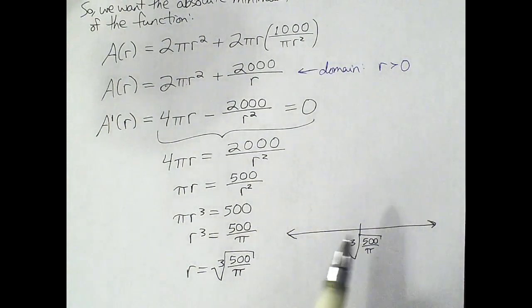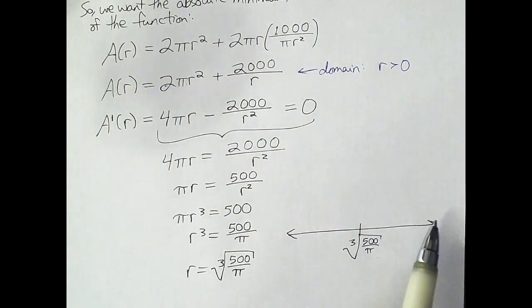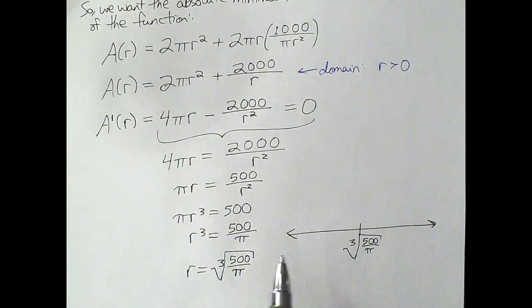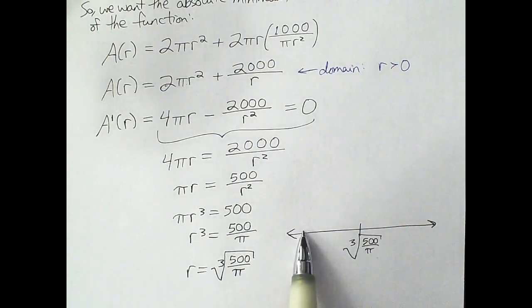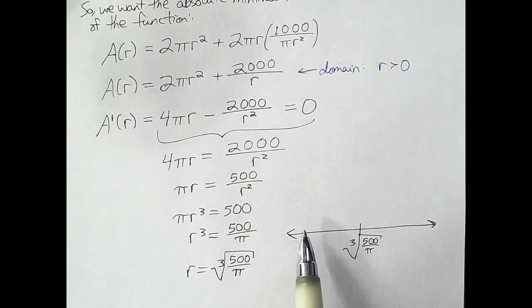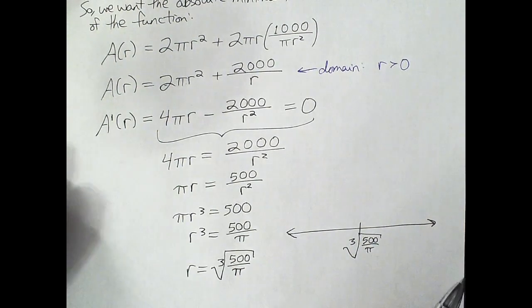The point is, I needed to know roughly what this number is so that I could check something to the left and something to the right. If I think this is around 5 point something, then maybe I can check something like r equals 1 and r equals 10, and I'll be confident that I have chosen something to the left of it and something to the right of it. So that's what I'm doing here.